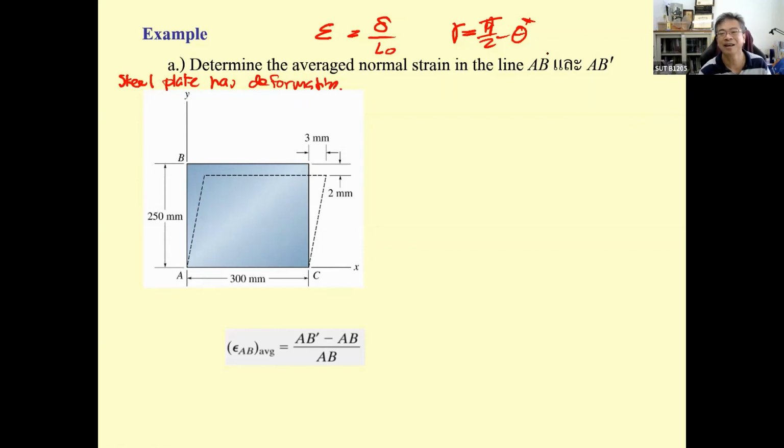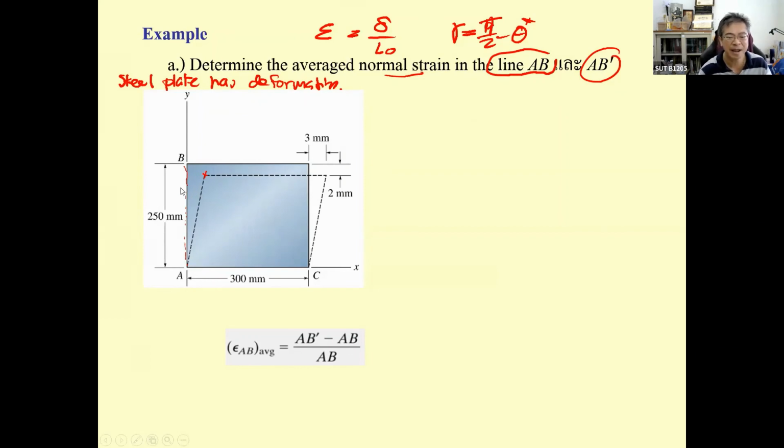Now they ask us to determine the normal strain along AB and AB prime. The AB is original. AB is original. And then AB prime. The AB prime is supposed to be this one. So average normal strain depends on this.